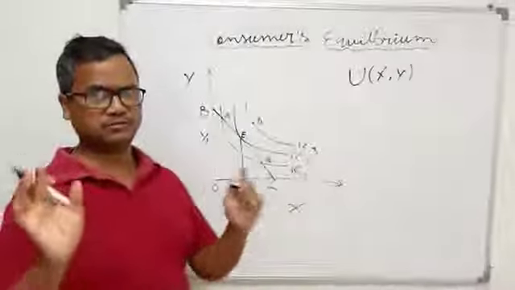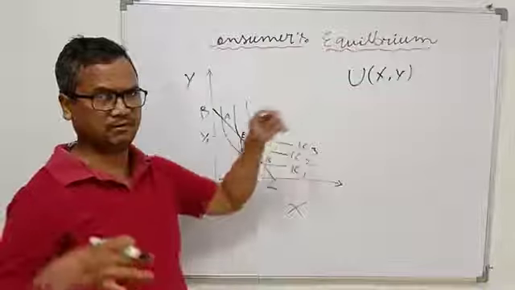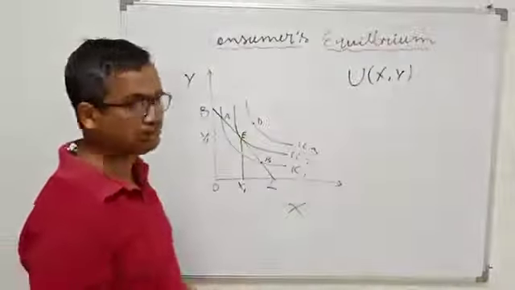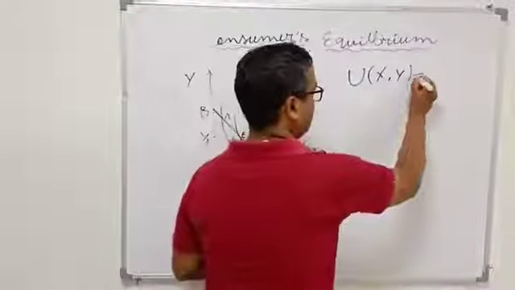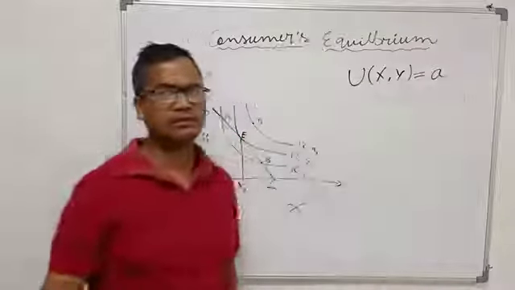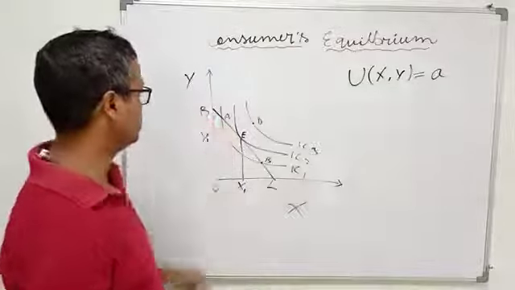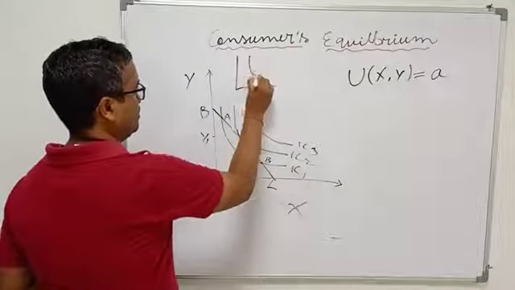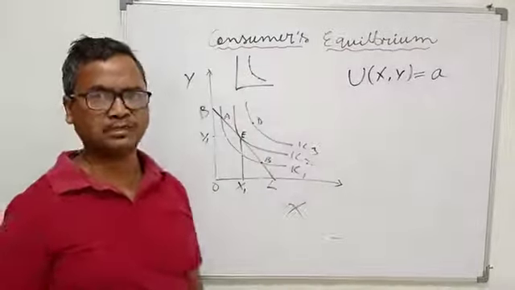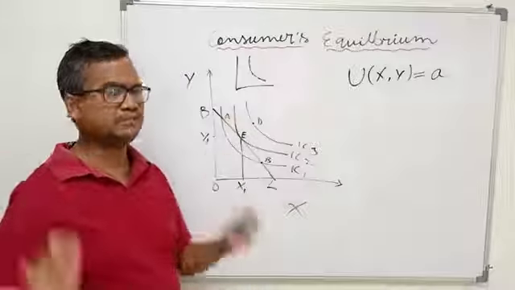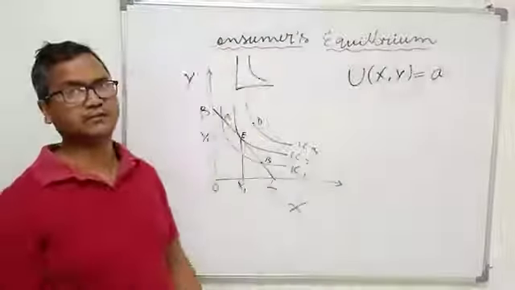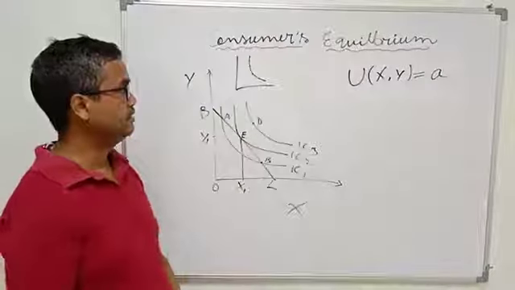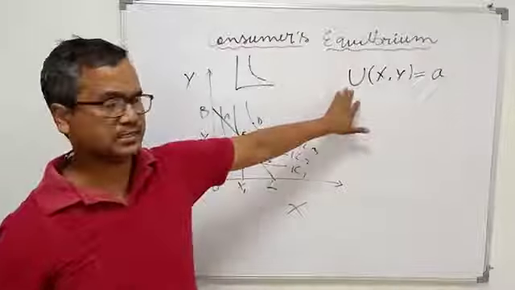Any combination on the indifference curve will give the same amount of utility. That is, utility remains constant on an indifference curve. So this will represent the indifference curve.